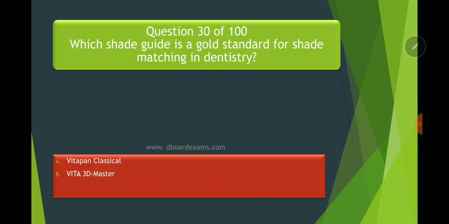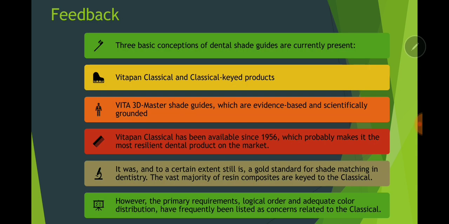Question 30. So which shade guide is a gold standard for shade matching in dentistry? Here, you have to know this one. So Vita Pan Classical, all right, is the gold standard. And the feedback, there's usually three basic concepts of dental shade guides. Okay, and currently there's Vita Pan Classical and Classical kit products and Vita 3D Master Shade Guides.